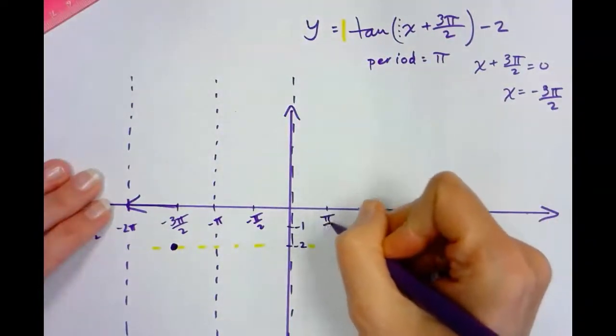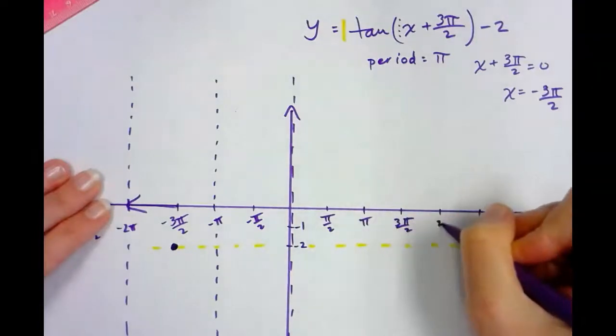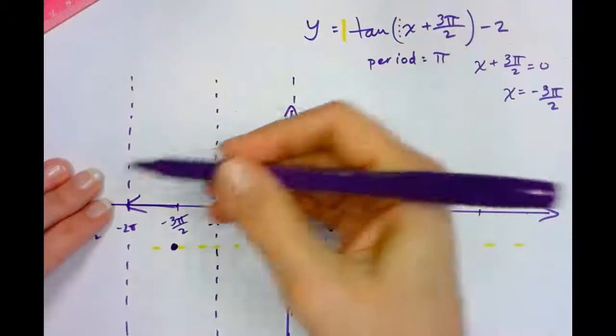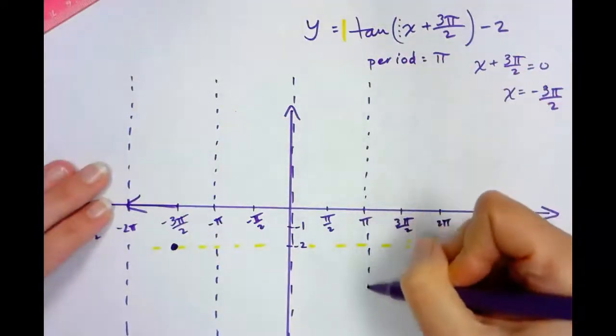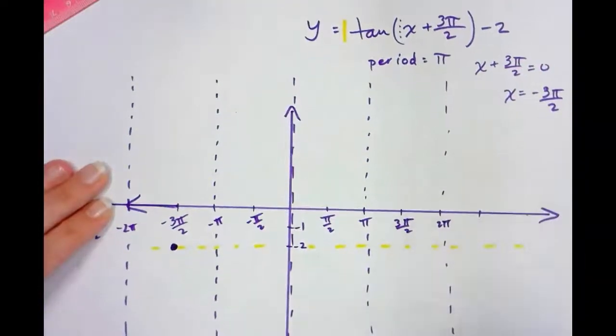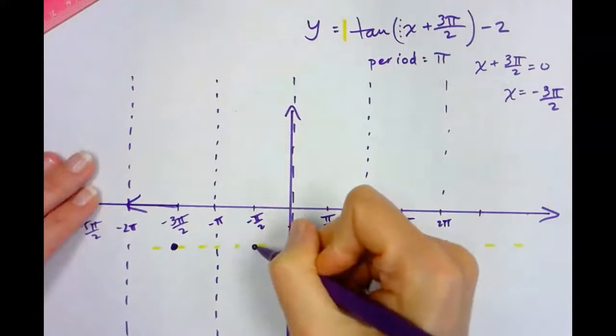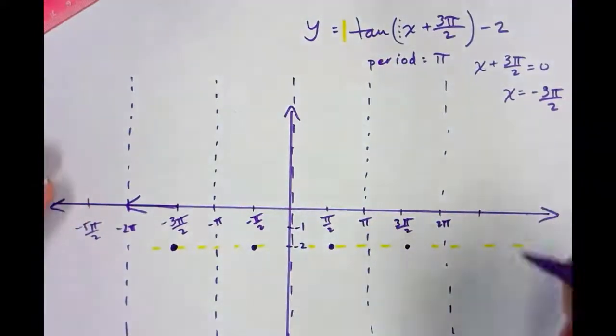And then I'll start numbering in the positive direction. And so basically we've got an asymptote every whole multiple of π. And then we've got midline crossings everywhere at increments of π/2.